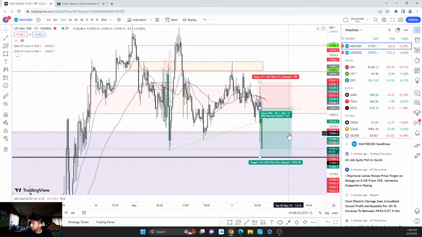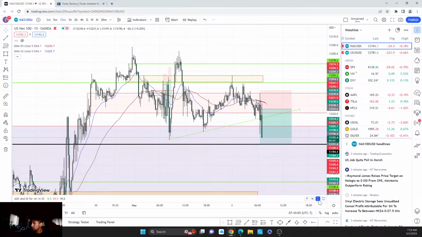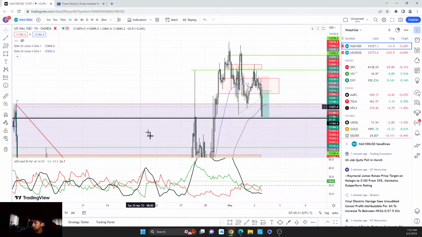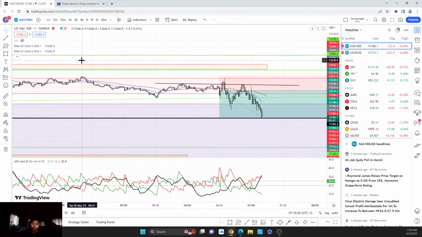So definitely taking profits right when it gets to this area. Might even take profits right now, just because we know buyers could come in hot at any point. Let's look at the, what's that thing called? ADX. Ooh, super bearish right now. See the 4-hour sentiment. I'm gonna take some more profit right here, right at this daily.